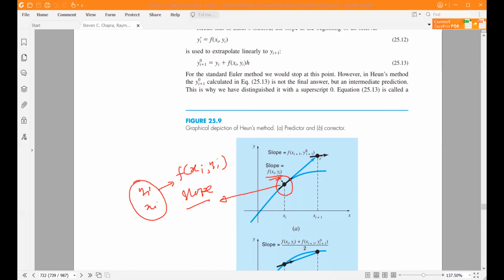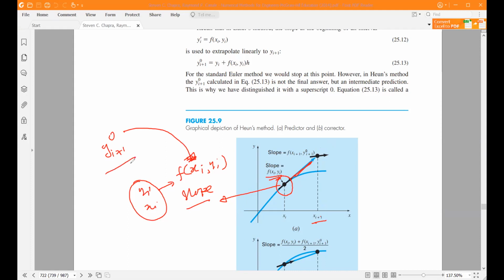Now, if you want to calculate the slope at the end, for example, if your slope remained the same as in the conventional Euler technique, then this is the path we are moving along. But what we have done here, we are not finishing the calculation at this point. Rather, we are moving to the point x_{i+1} with a value y_{i+1}^0 that has been calculated using this slope by the Euler method.